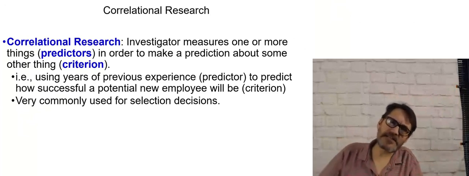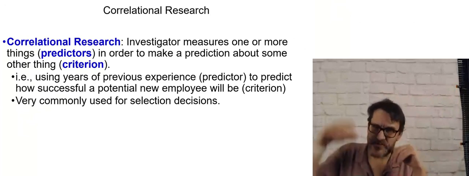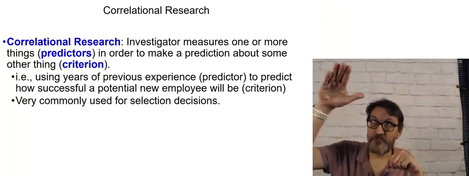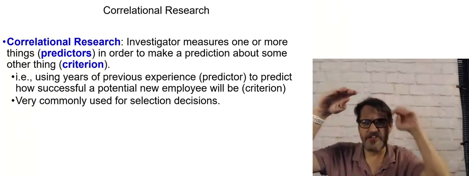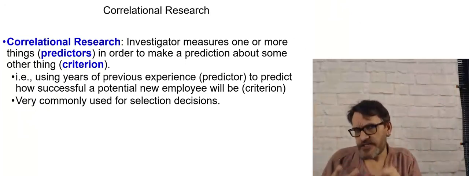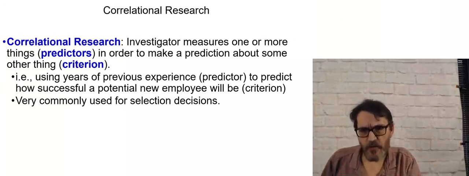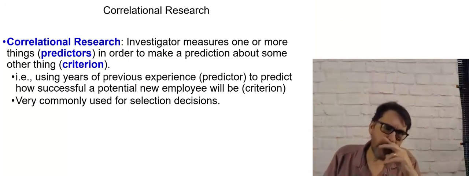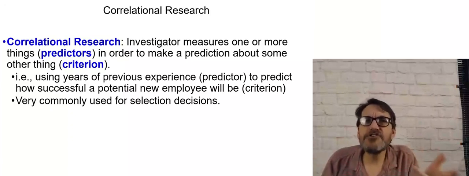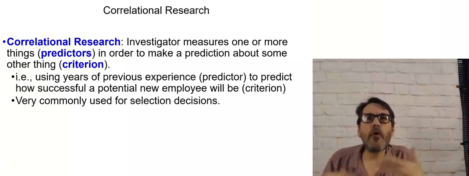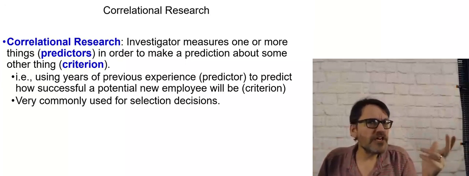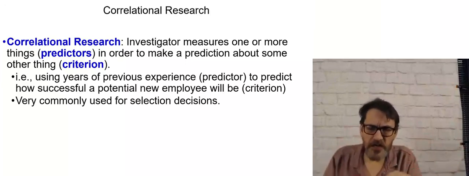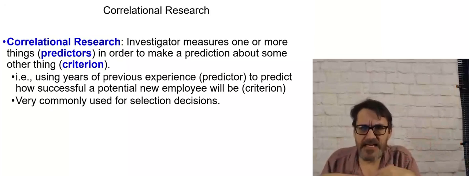And then the second part. Remember, we're talking about descriptive methods. Descriptive research has observational and correlational, and we're going to expand on correlational moving forward. But for now, in correlational research, you're going to simply measure two or more things: predictors and criterion. All right, these words are going to be coming back on us many times.